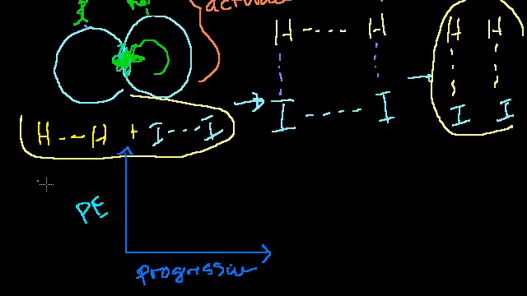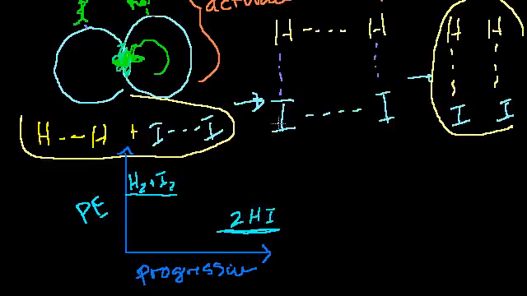So initially, we can kind of view it as the combined potential energy. So we start off here, and this is the H2 plus I2. And a lower potential energy is when we're in the hydrogen iodide. So this is the lower potential energy down here. This is the 2HI.